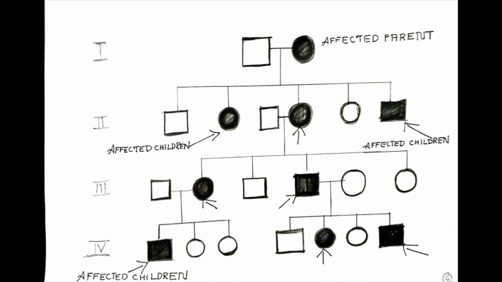Here parents are affected, but children may remain unaffected. If you look at the second, third and fourth generation, for example, just observe the second one only, you can see unaffected also. So, the trick to remember autosomal dominant is, look at the first line. If parents are affected, then it is definitely autosomal dominant.